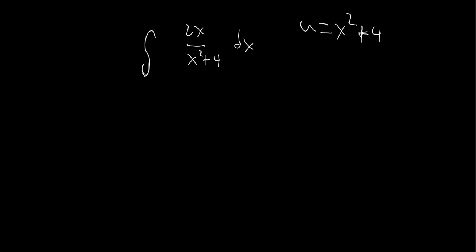Well, when we do that, not only can we replace x squared plus 4 with u, but when we take the derivative of x squared plus 4, it will become 2x. And then this 2x right here, we can cancel out, and it will become 1. And I'll show you what I mean. So again, it's all about cancelling out terms and making the integral simpler so that it's easier to solve. And then after that, you want to substitute u back in for the answer.